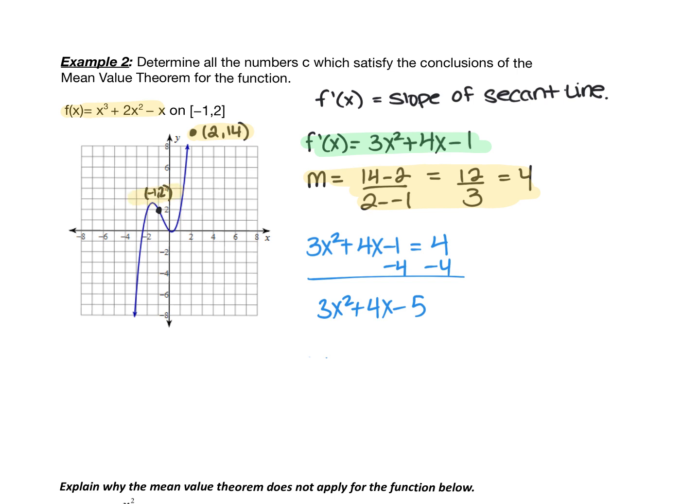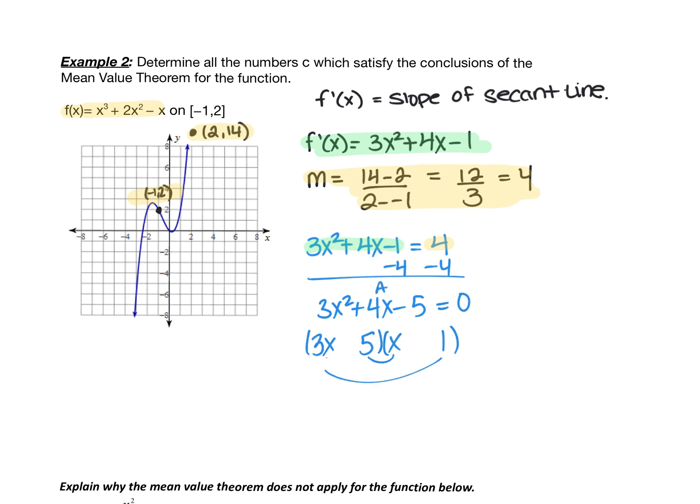So this one's asking, again, for the values of c, but when I took my derivative here and set it equal to my slope, then my goal was to set it equal to 0 and factor. But what happened was there wasn't any factors that worked out. I tried guess and test. I did 3x and x, and maybe I put 5 here, 1 here, but after I tested my outers and my inners, nothing seemed to add to 4.